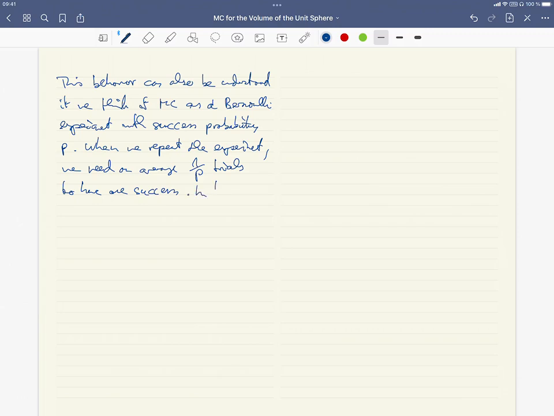And in high dimensions, p, that success probability, might behave exponentially badly, like 2 to the minus d. In that case, and it's the case for the unit sphere or any other of these sets, looking at the relative error, the Monte Carlo method must suffer from the curse of dimensionality.